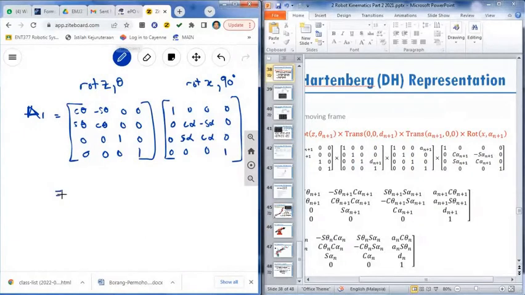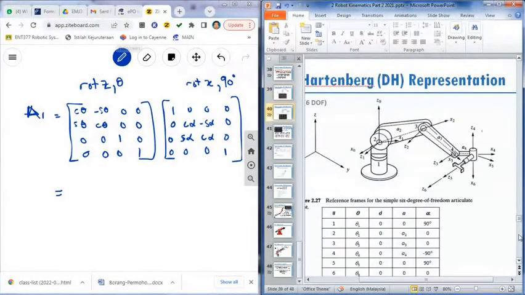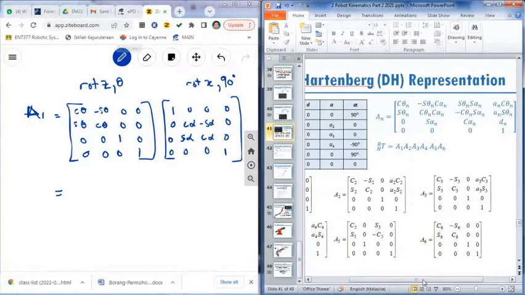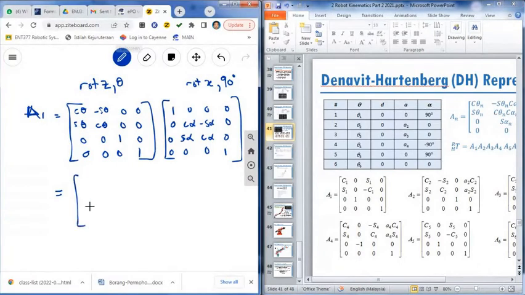After you multiply this, suppose you get this. They didn't put theta. For A1 they put C1, S1. I just put theta first, but for the result I put C1. You wouldn't know where I got this theta.